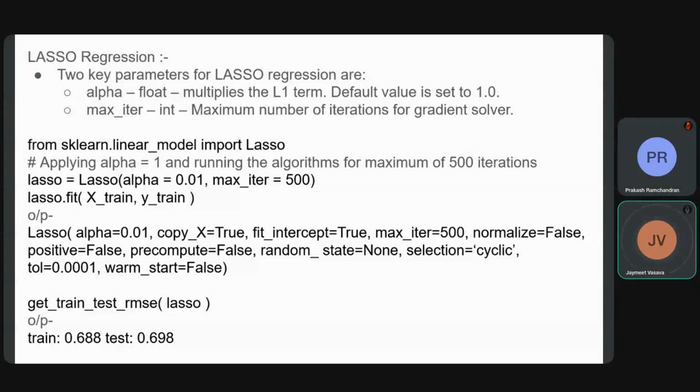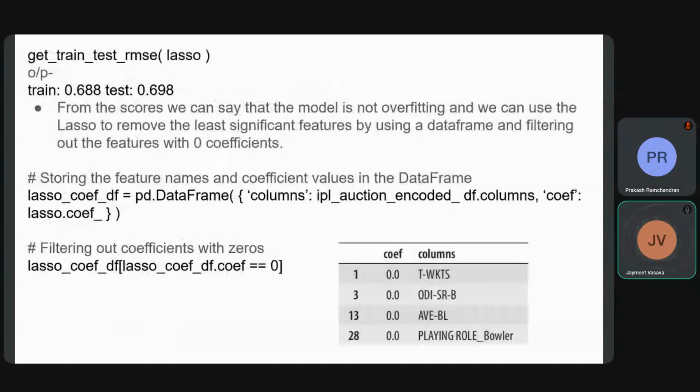When we get the output values of the lasso and use those values to calculate the root mean squared error, we get a train value of 0.688 and test value of 0.698, which are very good scores, as both the train and test have almost similar values. So as the values are very similar, we can say that the model is not overfitting.